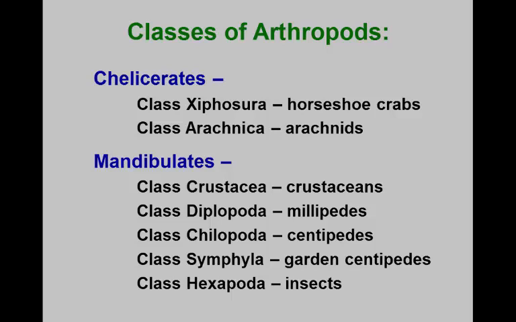There's actually quite a few different orders of those arachnids, but most of them are little tiny groups, not very many species, but most commonly you're going to come in contact with spiders and mites of some sort. Now remember that ticks are nothing more than parasitic blood-sucking mites. So when I say mites, that also includes the ticks.